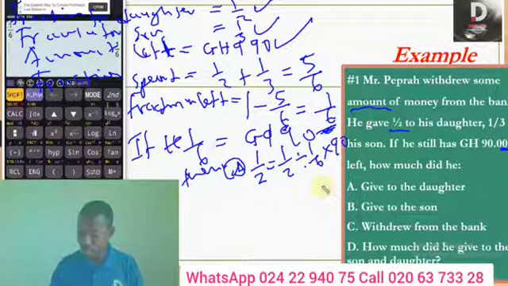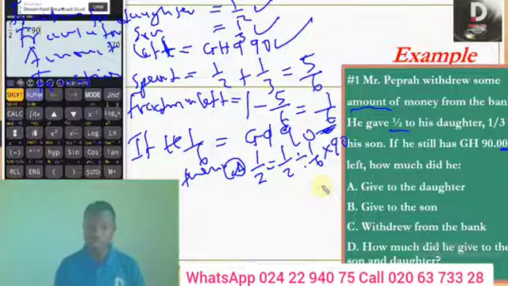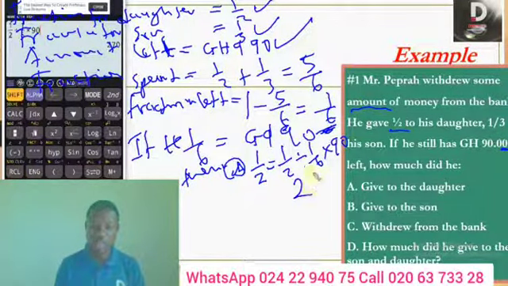So I open another fraction, 1 over 2, division. So divided by this. Okay. Times 90 is 270. So the daughter had 270 cedis.